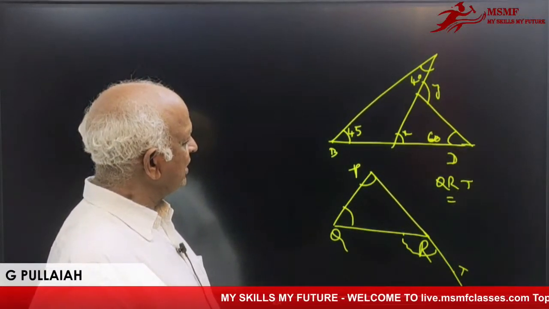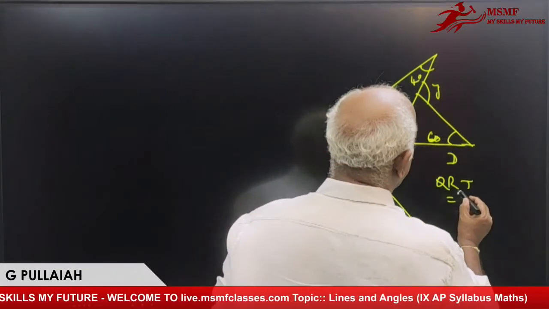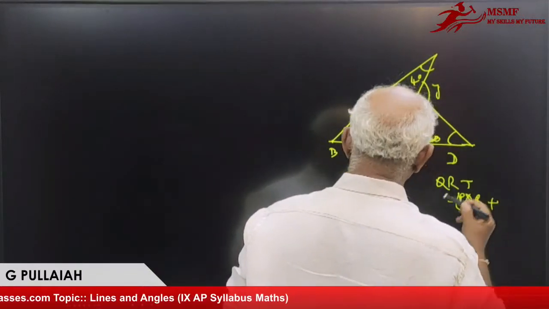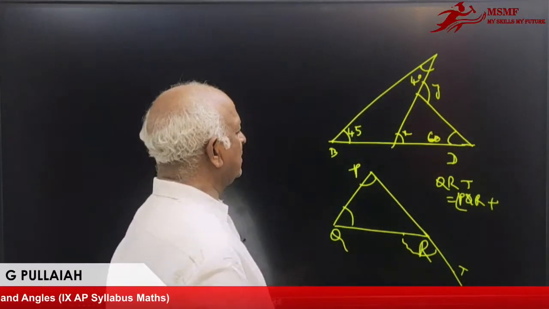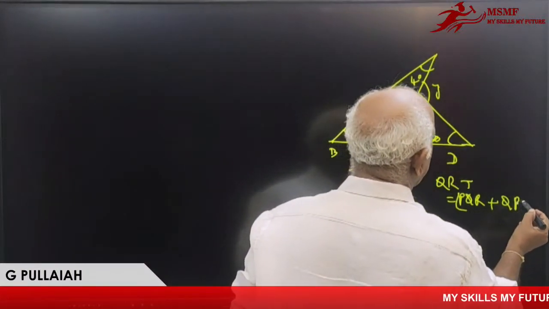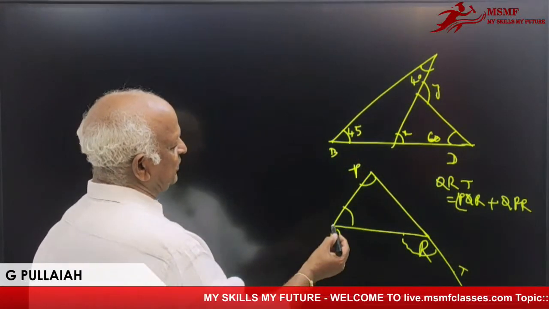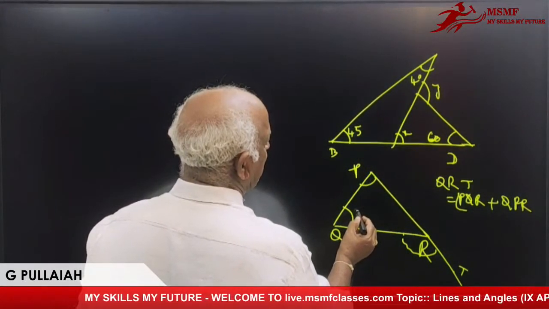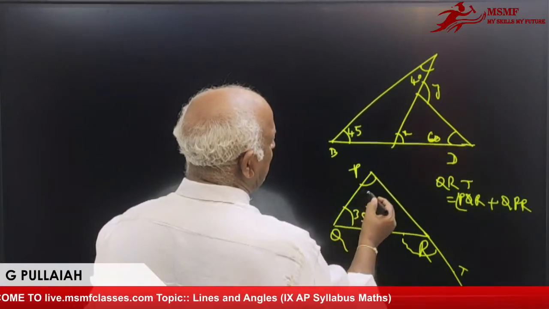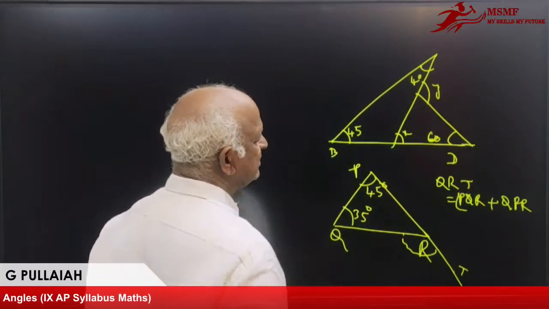So now here angle QRT, we can say it as angle PQR plus angle QPR. Say if angle PQR is 35 degrees and QPR is 45 degrees.